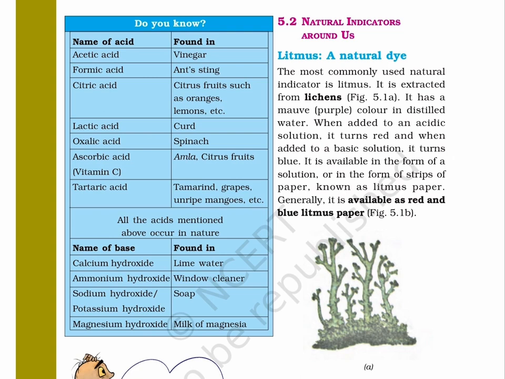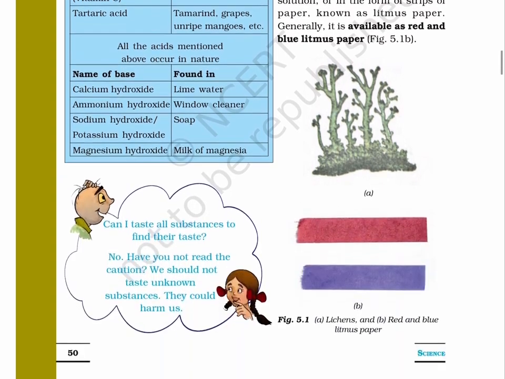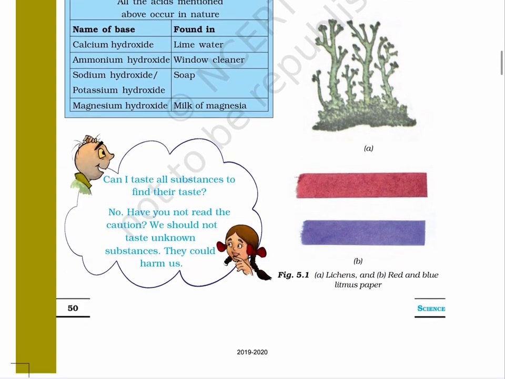It is available in the form of a solution or in the form of strips of paper, known as litmus paper. Generally, it is available as red and blue litmus paper. These papers can be observed in figure 5.1b.